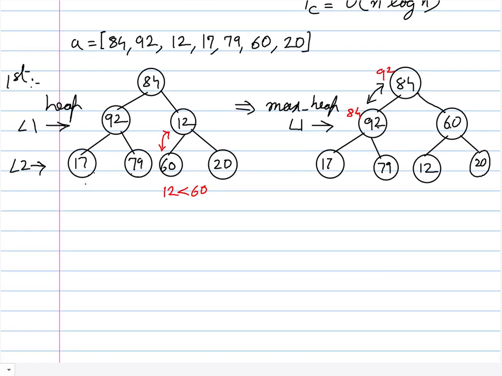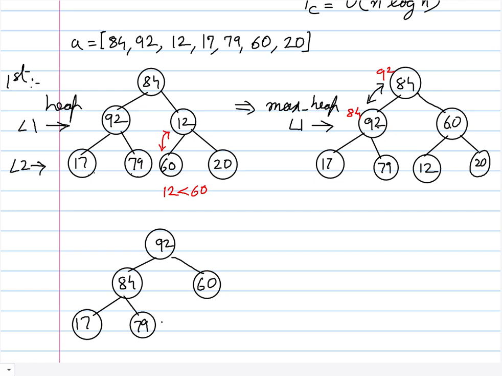So the max heap after the first pass, that tree, now consists of 92 at the root, to the left 84, to the right 60, and then the remaining nodes 17, 79, 12 and 20.